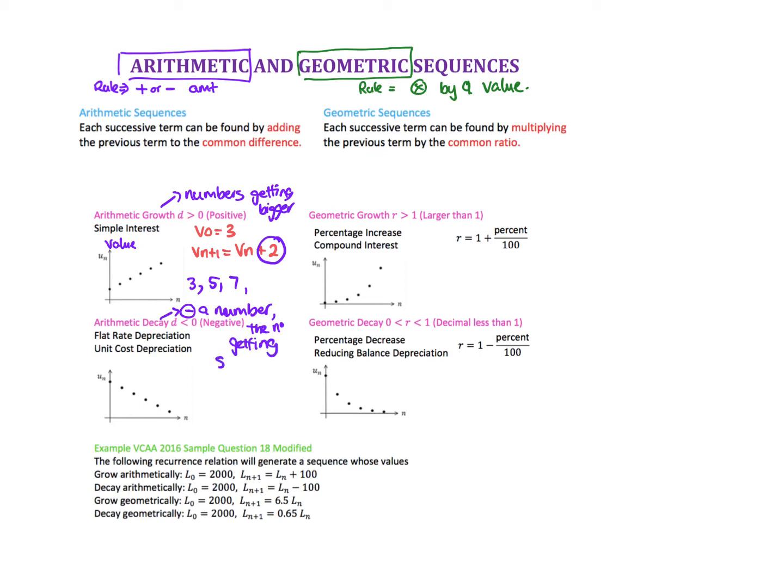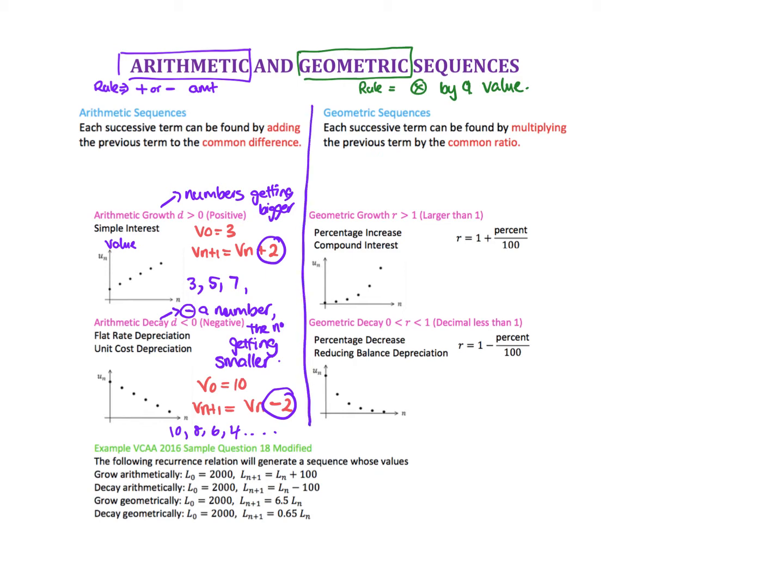Let me show you an example of an arithmetic decay one. Say I started at 10 and my rule was minus 2. It's going to get smaller because we're minusing. So if I set out my numbers, it would be 10, 8, 6, and so on, getting smaller. So that's arithmetic.